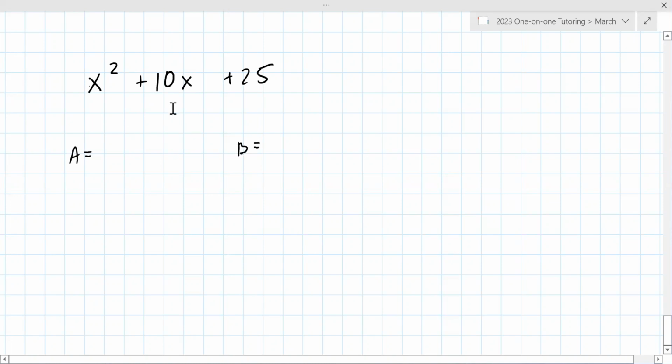And notice I'm writing them under the one that it is. X is A and 5 is B. So this becomes (x plus 5) squared, or you can write it as (x plus 5) times (x plus 5). Both should be accepted by your teachers or whoever's grading this.